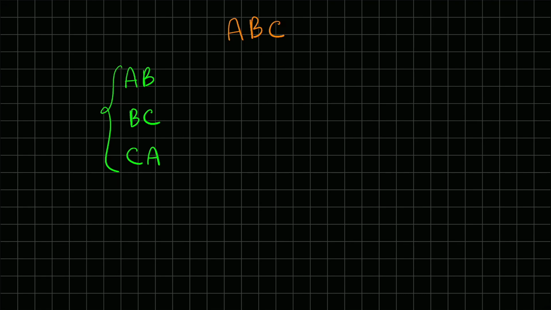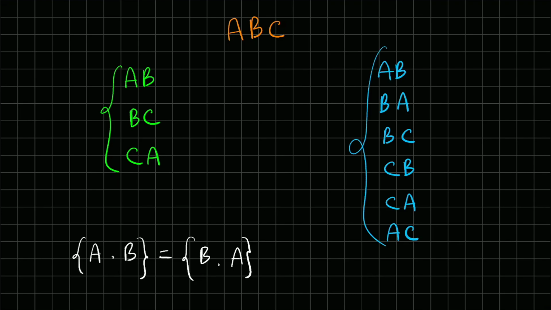As you can see, I didn't consider AB and BA to be separate, as the sets {A, B} and {B, A} are identical. On the other hand, we can permute 2 alphabets out of those 3 alphabets in the following ways. In this case, we are counting AB and BA separately, as they are 2 different arrangements.